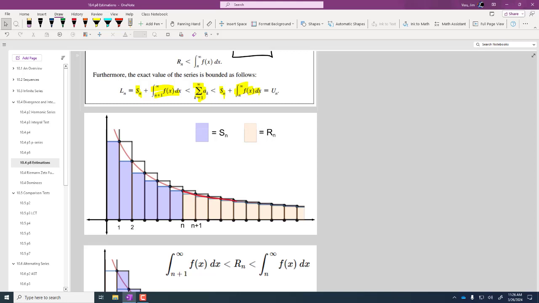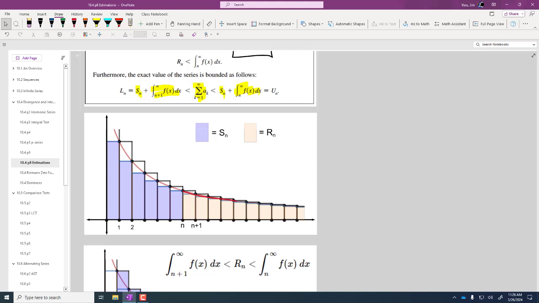And so now you can imagine, we aren't going to do a lot with this, but if you get into a numerical analysis class, you start looking at these two integrals. Let's say you want the series accurate to 2 decimal places. Then you start figuring out what the n has to be, how many terms you have to go out in the series to get accuracy within 2 decimal places.